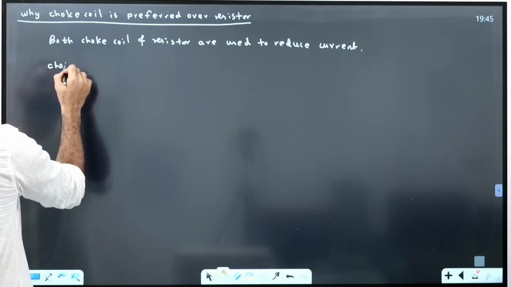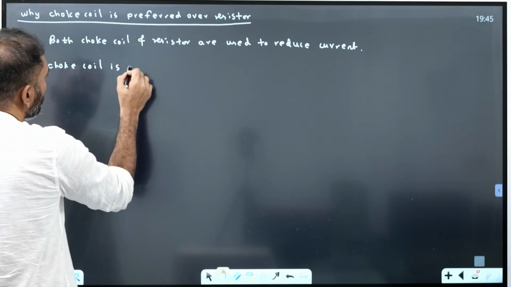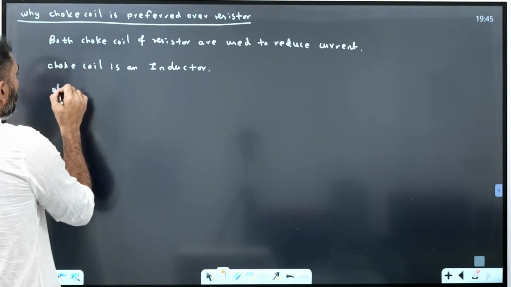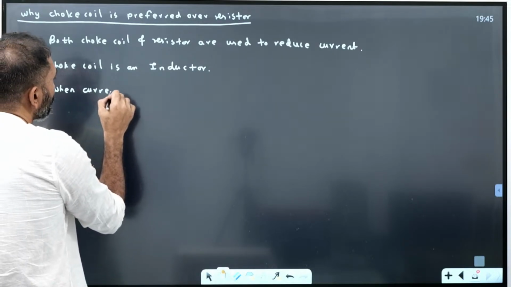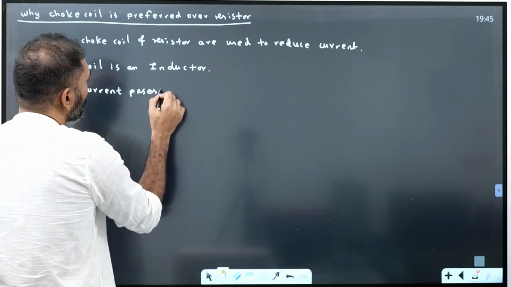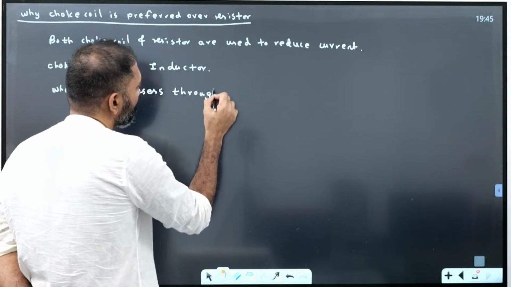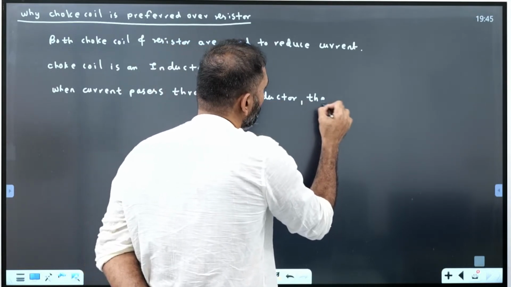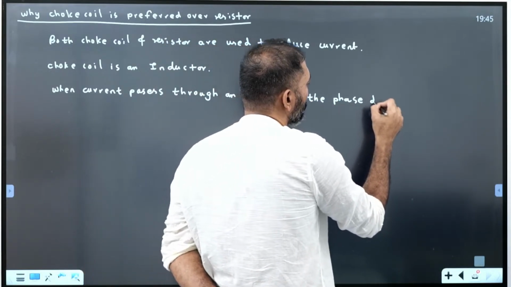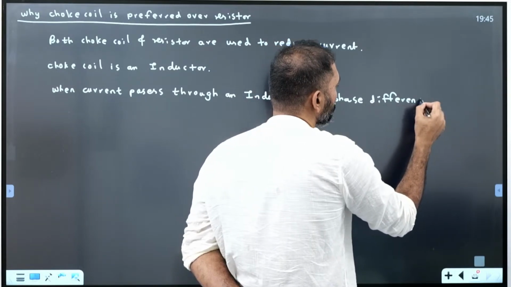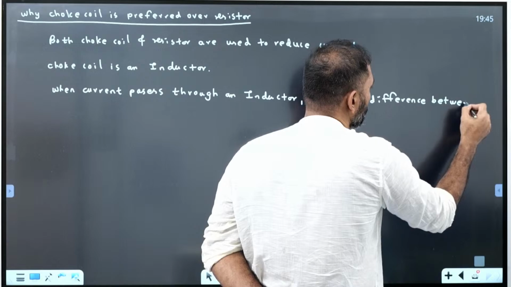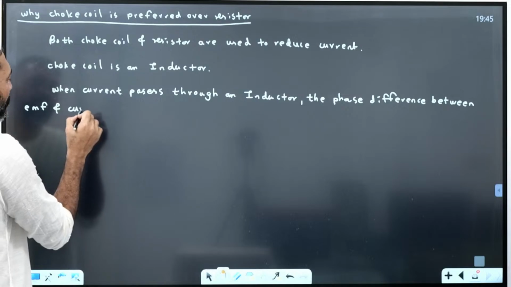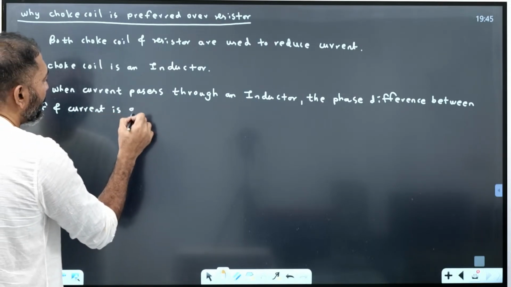Choke coil is an inductor. When current passes through an inductor, the phase difference between EMF and current is 90 degree.